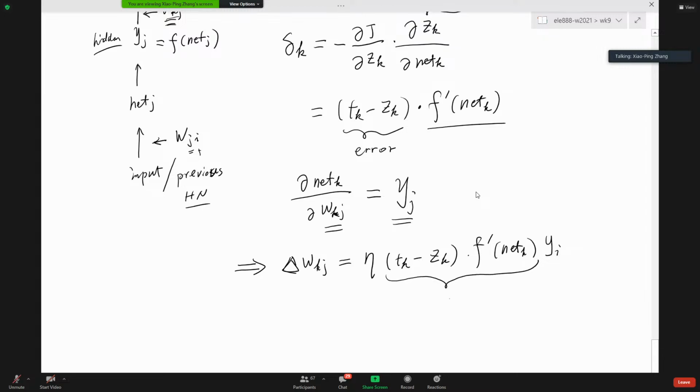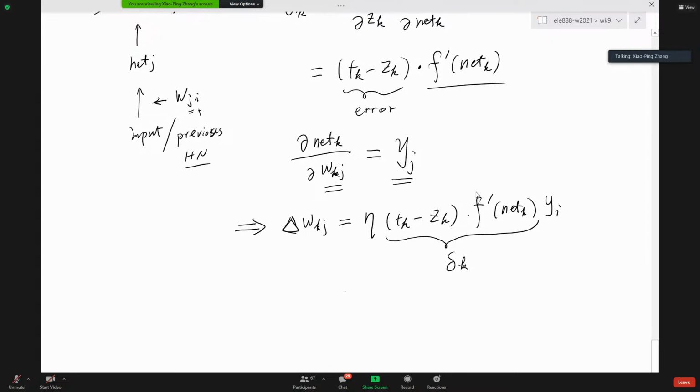This whole thing is delta k. It's not minus delta k, so this one is actually equal to eta delta k yj. You see here, wkj's derivative is delta k times yj.